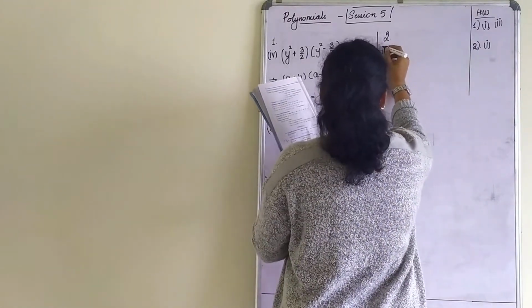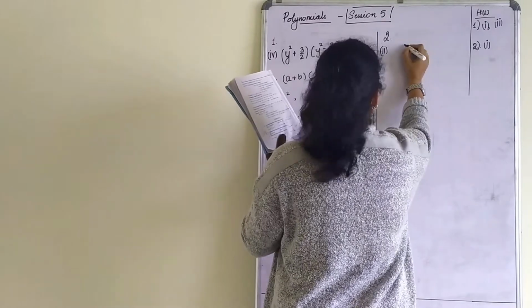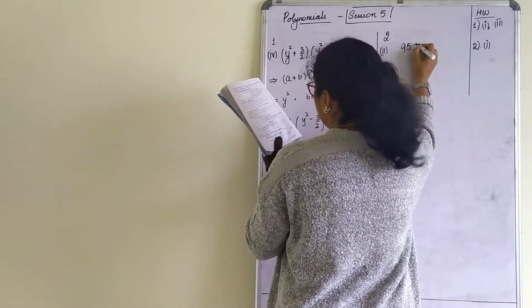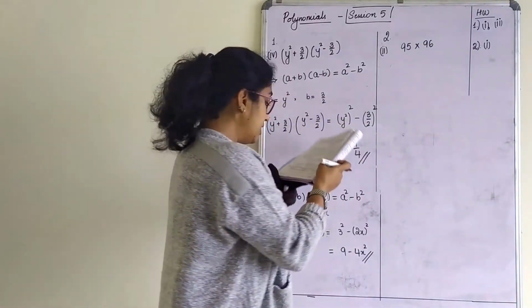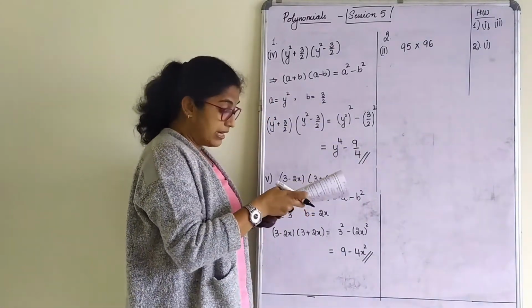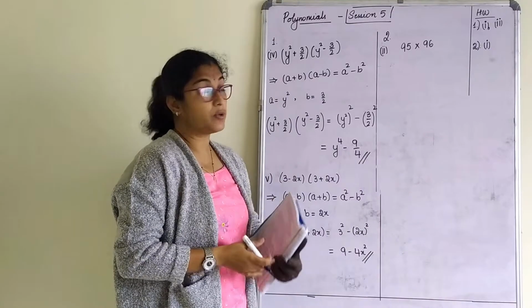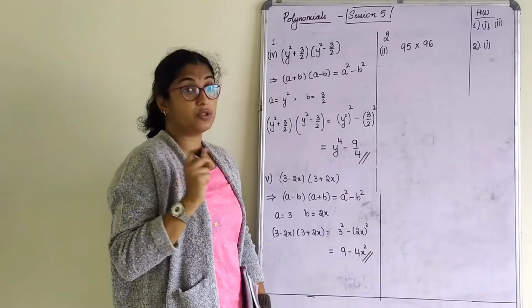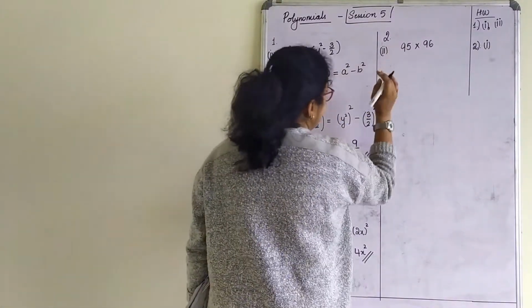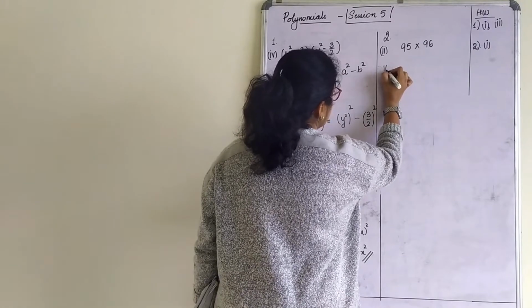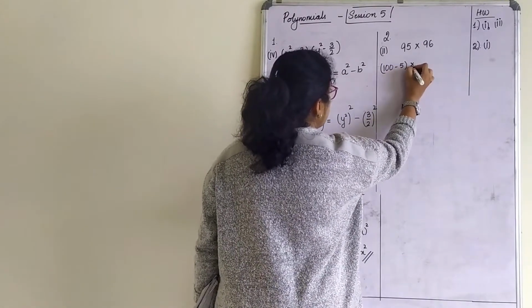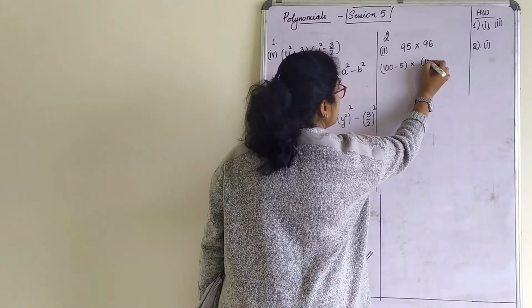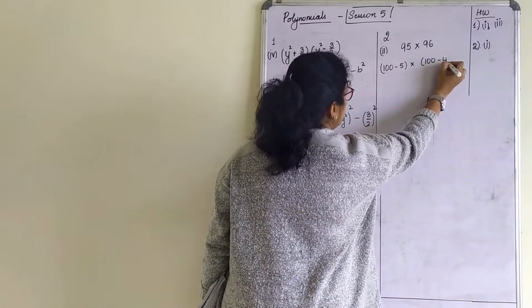The second part which I will do now is 95 into 96. Now say children, when it is 95 into 96, you can split it in two ways. I can write 95 as 100 minus 5 into 100 minus 4.